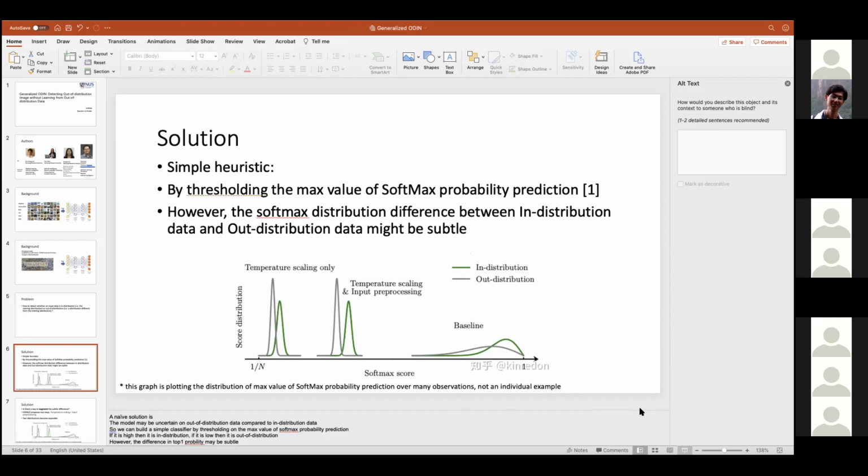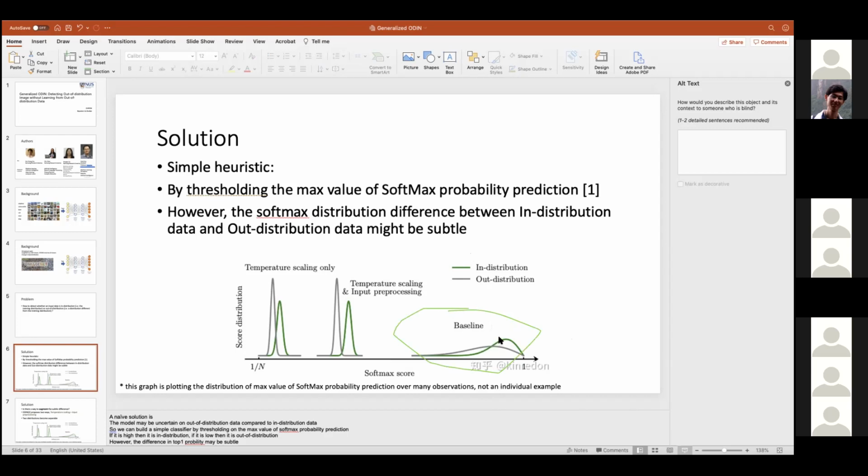If we look at the right-hand side graph, this graph is plotting the distribution of top one probability over many observations. We can see that the green line denotes in distribution data.